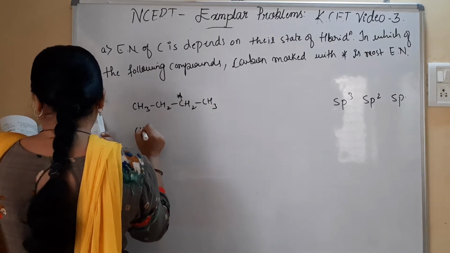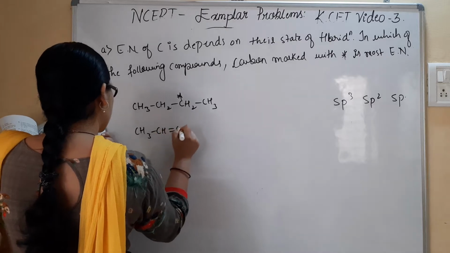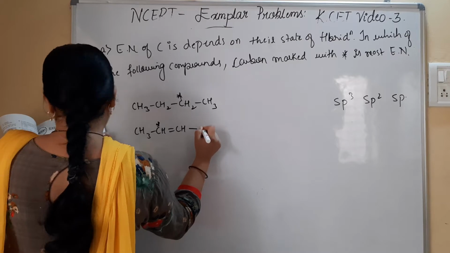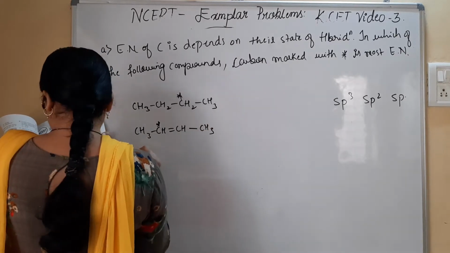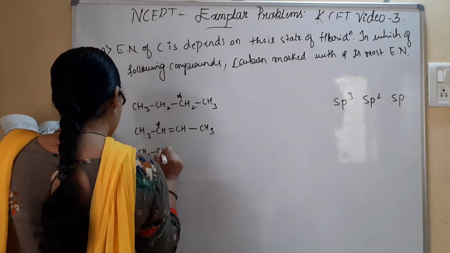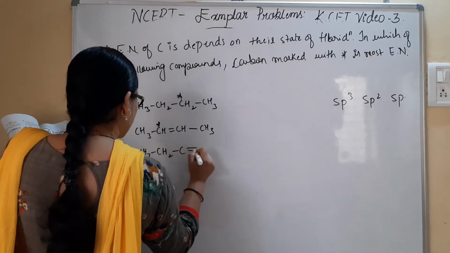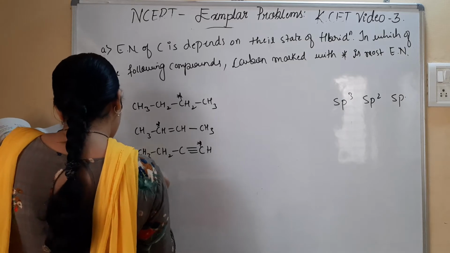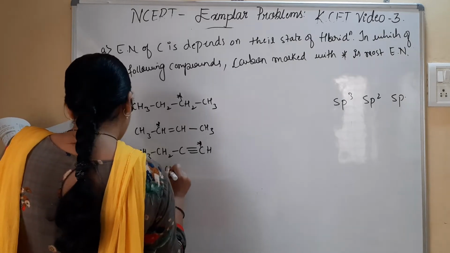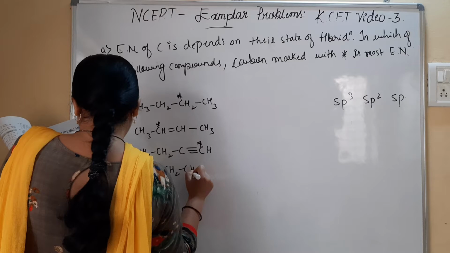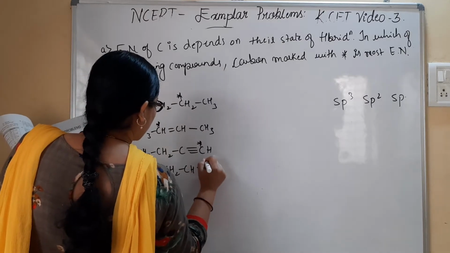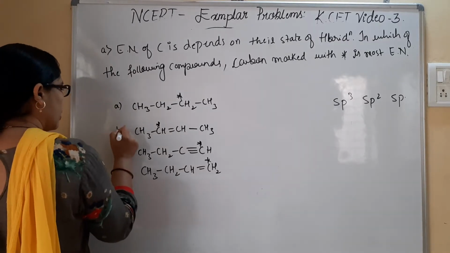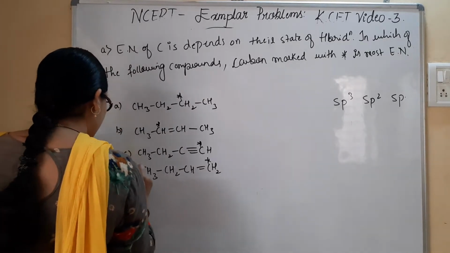Then I have CH3, CH double bond, CH, with a star here. Then CH3, CH2, C triple bond, CH, with a star here. Then CH3, CH2, CH double bond, CH2, with a star here. So I have four options, A, B, C and D.